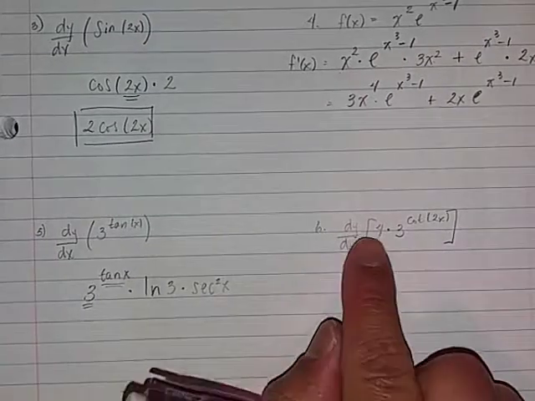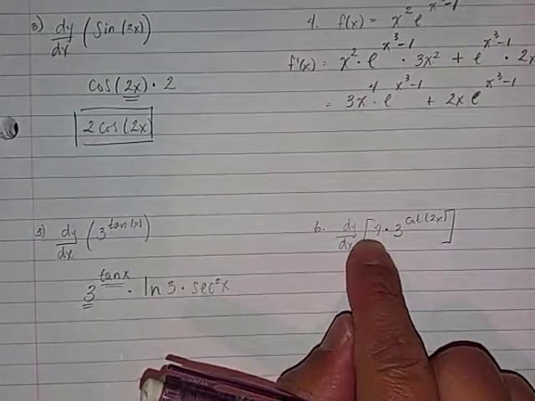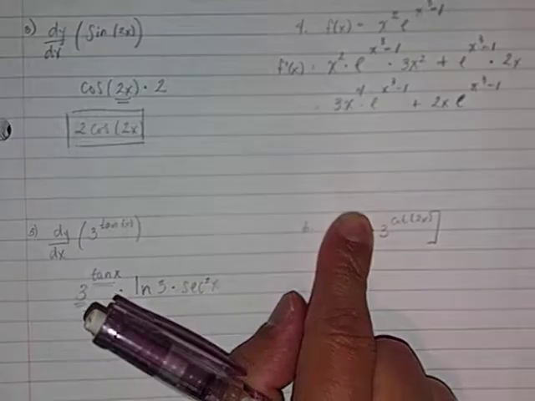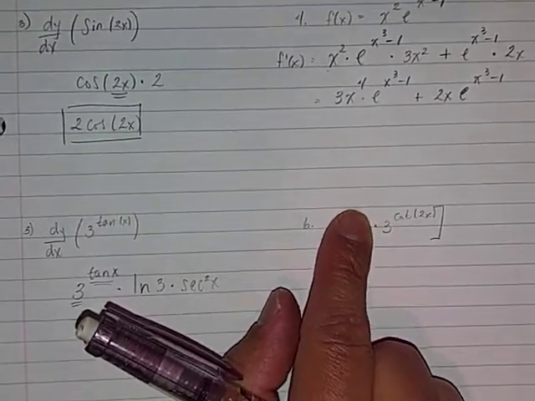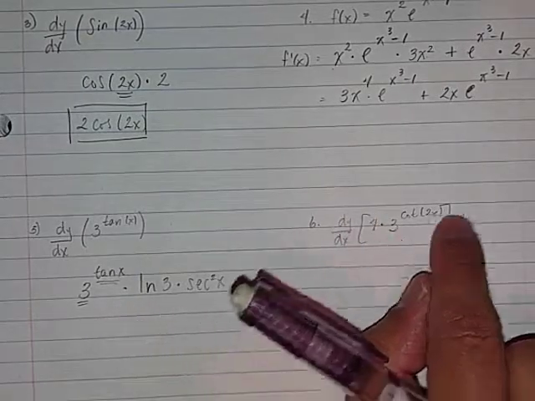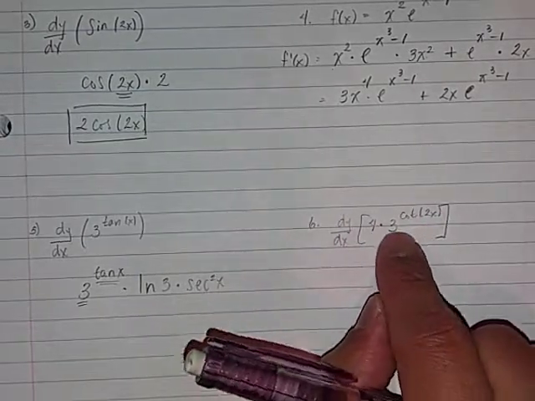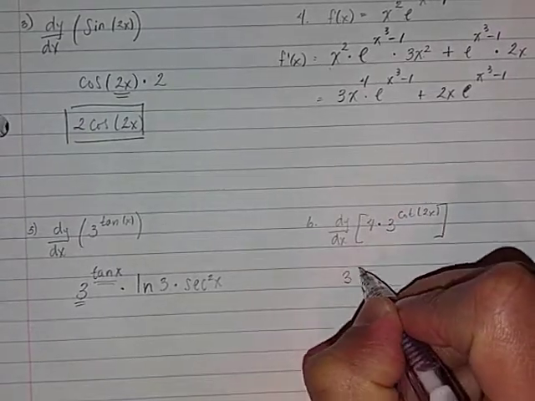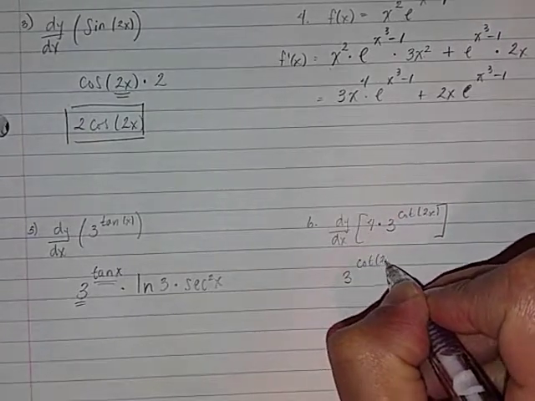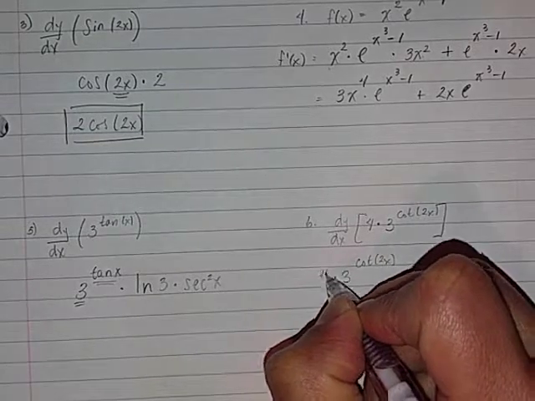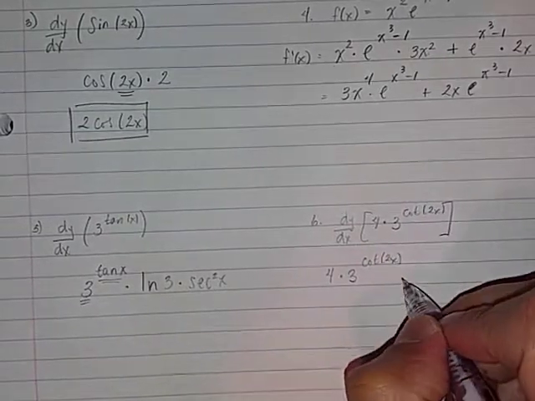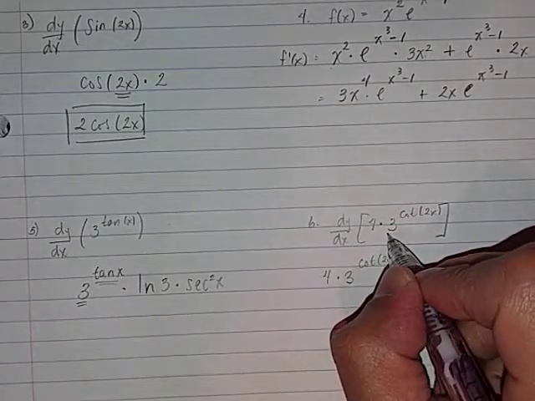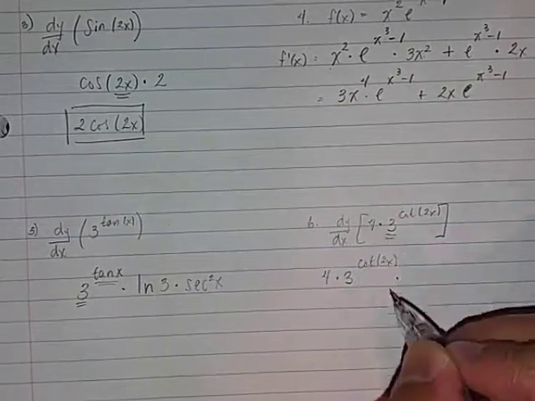The next one here. Remember, the 4 is just a multiplier. It's a constant. We can just go ahead and take the derivative of 3 to the power of cotangent 2x. So when we do that, this is just an exponential. So 3 to the cotangent of 2x, well, that's the same thing, cotangent of 2x, and tack on that 4 because it's just a multiplier. Times, well, we have to take the ln of what? The base, this one here. Remember, it's just a multiplier.